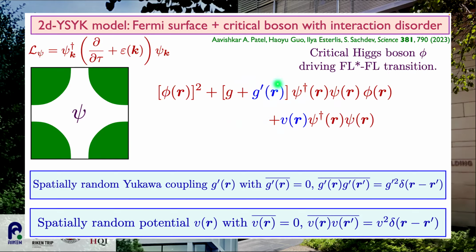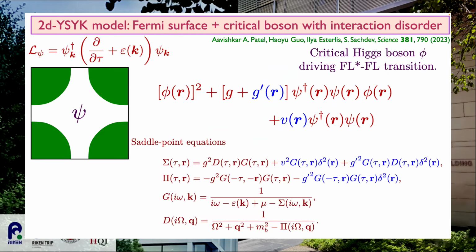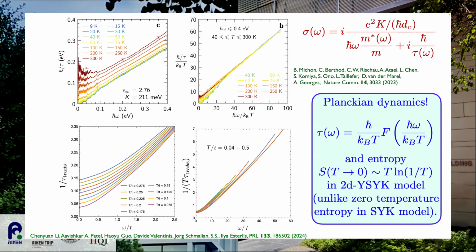But this is what's called the Yukawa-SYK model. Then it turns out to be absolutely crucial. So if you now analyze this model by SYK-style techniques, it gives you these equations. And in fact, in this paper with the group of York Schmalian, we can really model both the real and imaginary part of the optical conductivity.